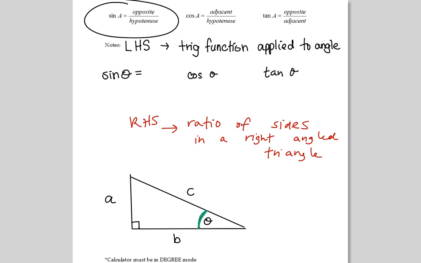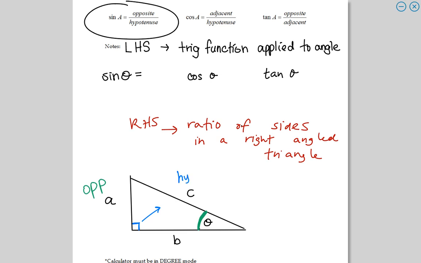Relative to angle theta, how would you identify side A? Op, hyp, or adj? This is definitely the opposite side. Do you agree? I skipped step one. What was step one? Hypotenuse. This guy's right across from the 90, right? So then you only have one spot to fill, which is that bottom side, which we'll call the adjacent, ADJ. So now we can fill these in. Sine theta would be A over C.